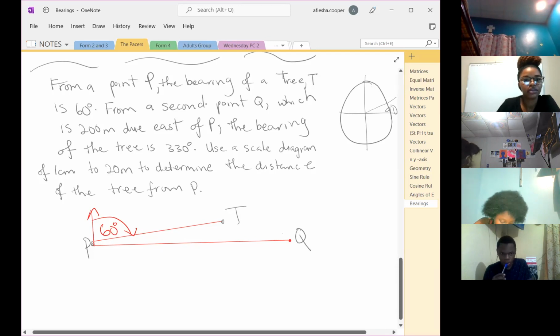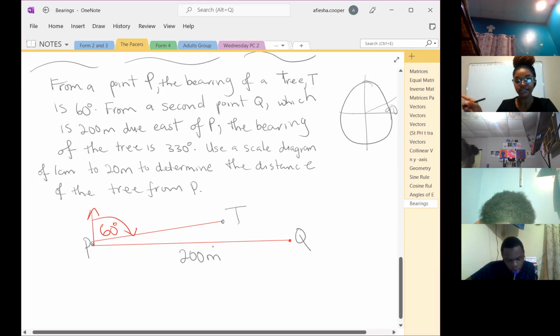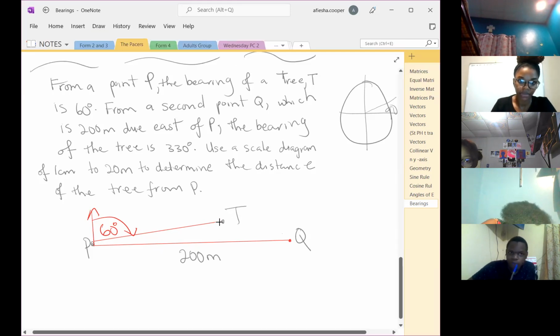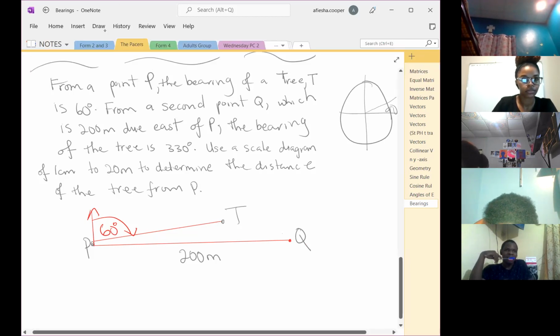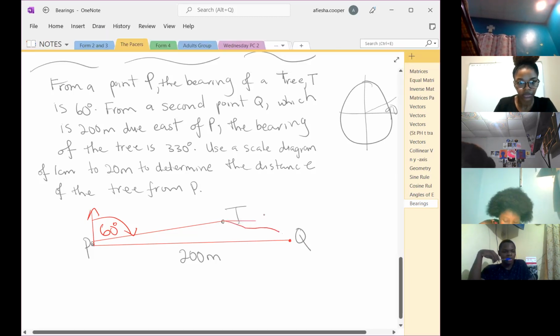And of course, I have to connect my T and my Q, right? Because it's a journey. But they said from a point Q, which is 200 meters east of P, the bearing of the tree is 330 degrees. So I am going to create a TQ line because a bearing is going to happen there, right?